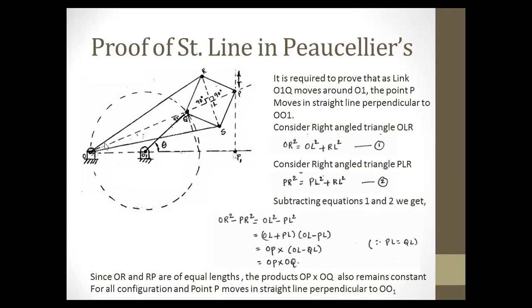That is why we can say OP and OQ are also constant. So whenever it is having a constant length, it will always move in a straight line. This is the proof for the straight line motion.